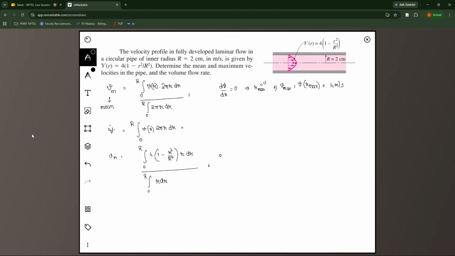So that comes as, and then volume flow rate is straightforward from this.